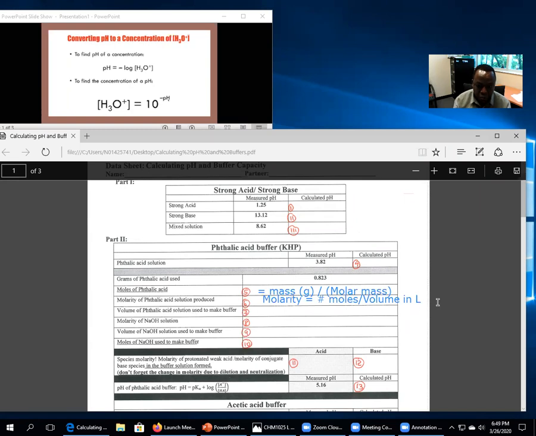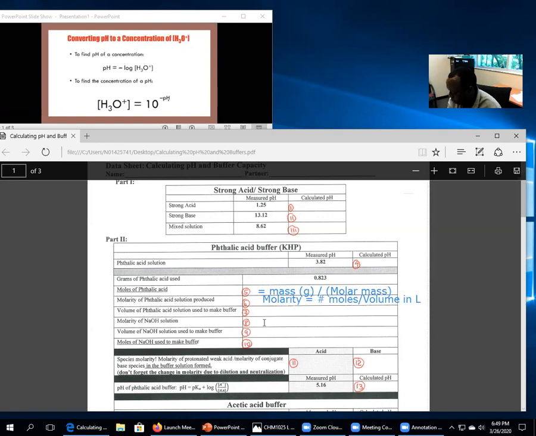Phthalic acid solution, 40 ml. Now, molarity of NaOH here, you need to read the directions. Look at page 145, because you may say, where is it? It is given in there on page 145.